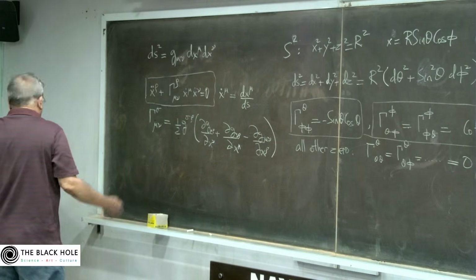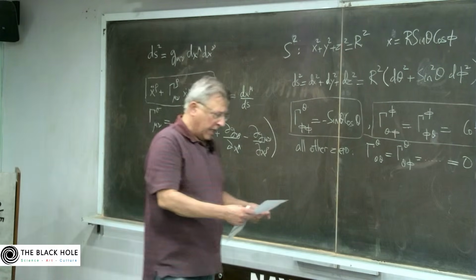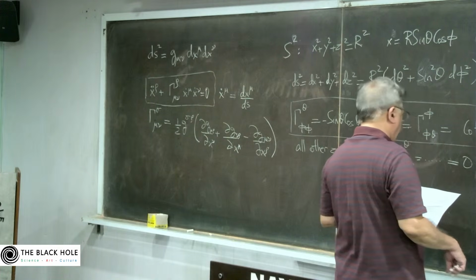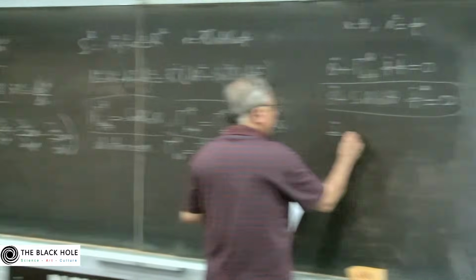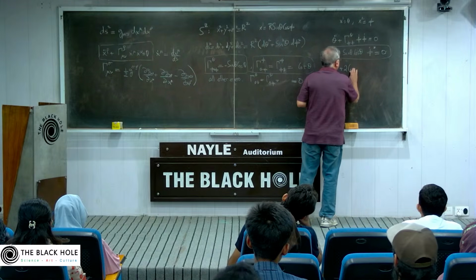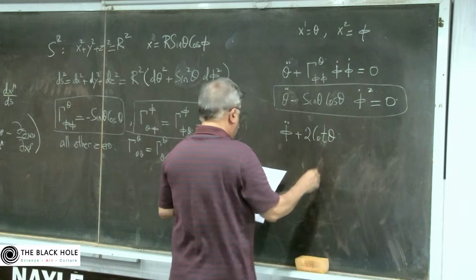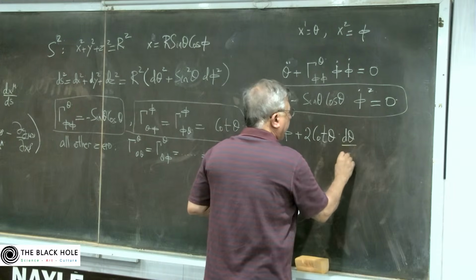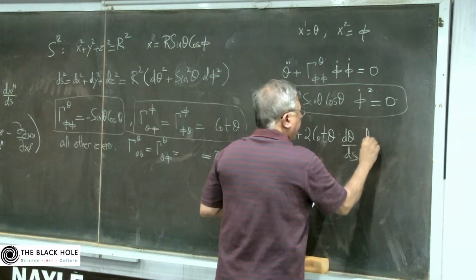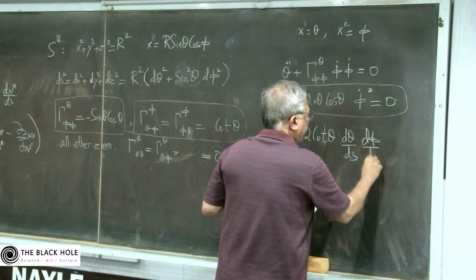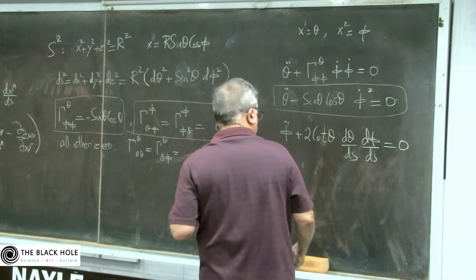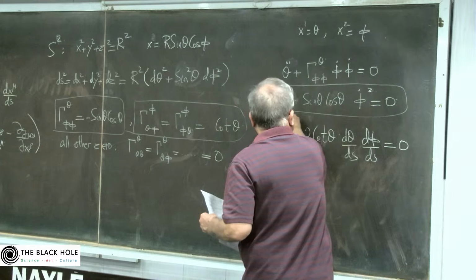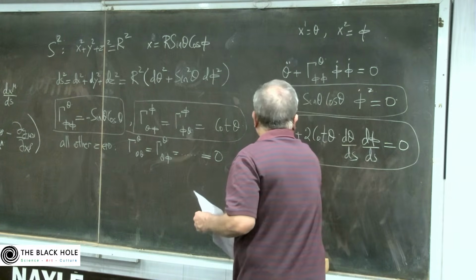And so just put these in here, and we will get phi double dot plus 2 cot theta d theta by ds d phi by ds. So this is the second equation.